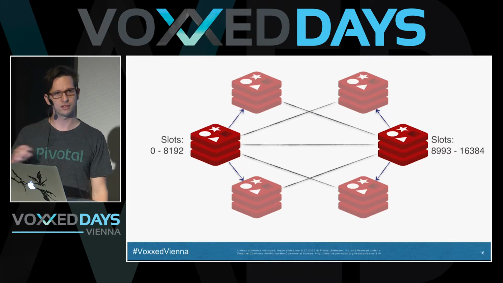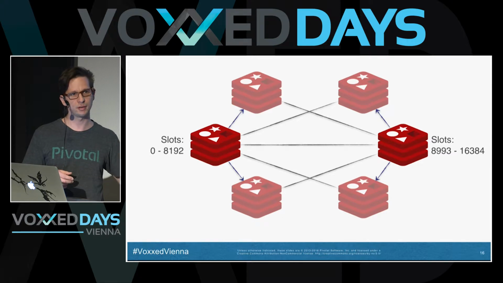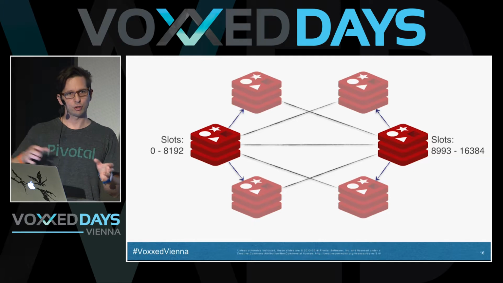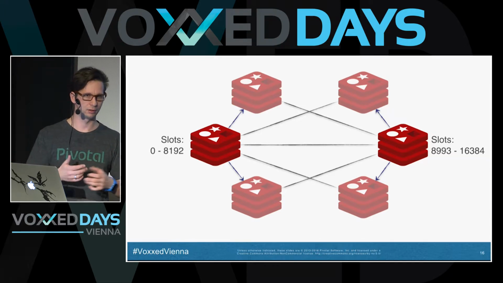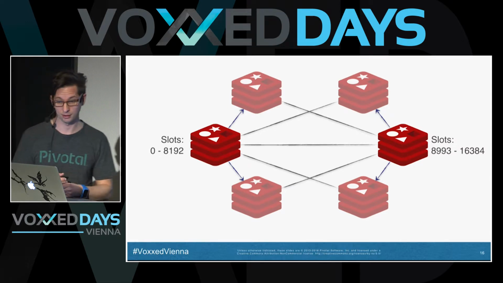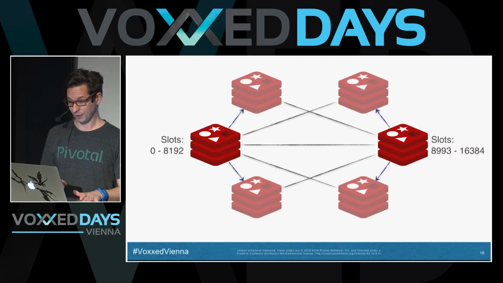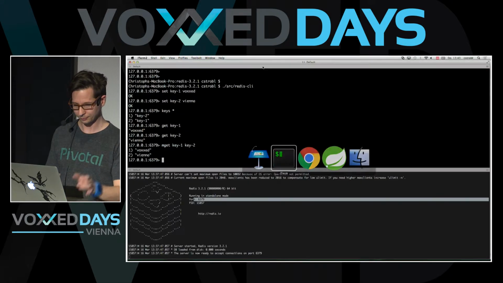If one of these slots isn't covered by the cluster because all master nodes and slaves that serve a specific slot range are down, then your whole cluster is dead until all slots are served again and the servers are restarted. So please keep that in mind. Okay, let's have a look at Redis cluster and how it feels to work with a Redis cluster.